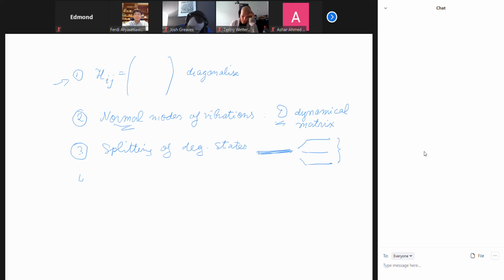And the fourth application is calculating matrix elements. In quantum mechanics, we always have to compute matrix elements of some operator between two states. This is actually known as the Wigner-Eckart theorem.